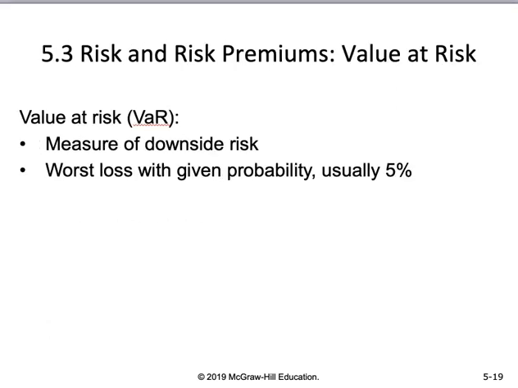Another term that's common in the investment space is called value at risk, and you need to learn to recognize this nomenclature. VaR is value at risk, and that is measuring the potential loss, the worst loss at a given probability. So at, say, a 5% worst case negative event, what would be our loss in the worst 5% of cases?